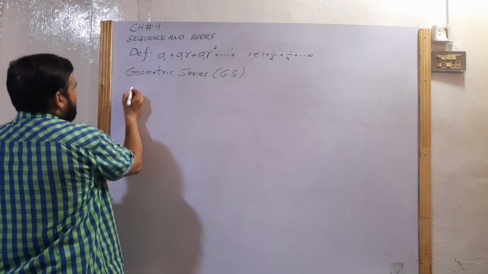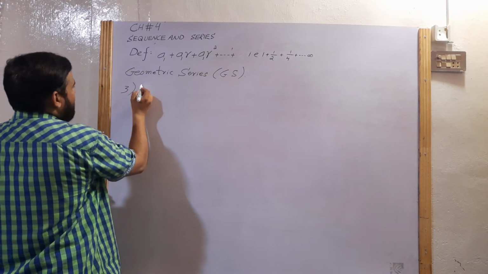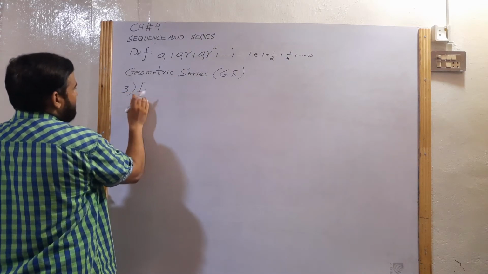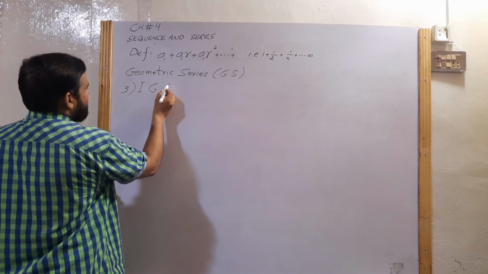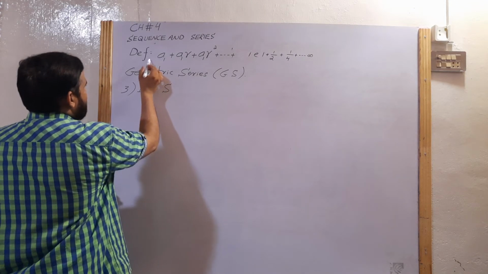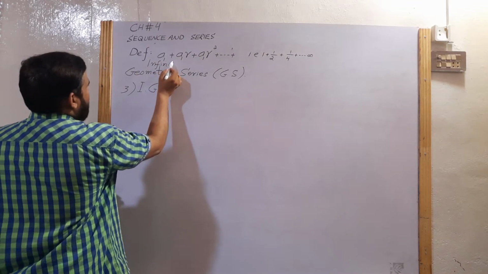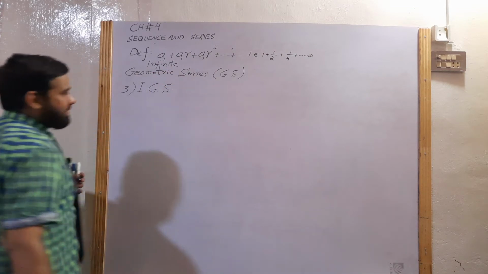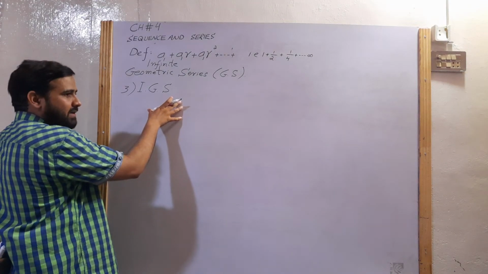So, there is case number 3. I stands for infinite, G S means geometric series: infinite geometric series. Simply this is the infinite geometric series case. How to find the sum in case of infinite geometric series?